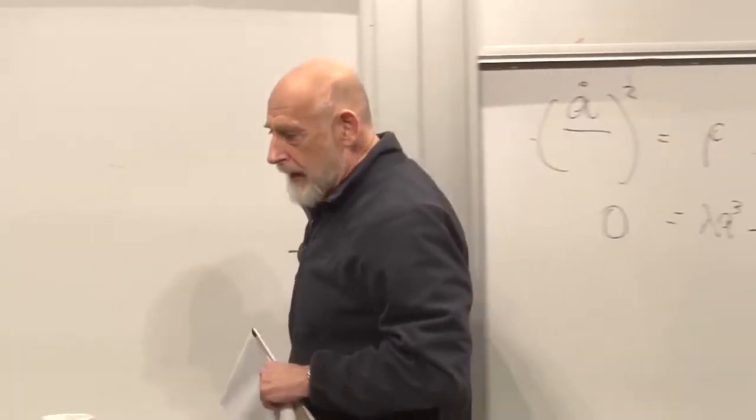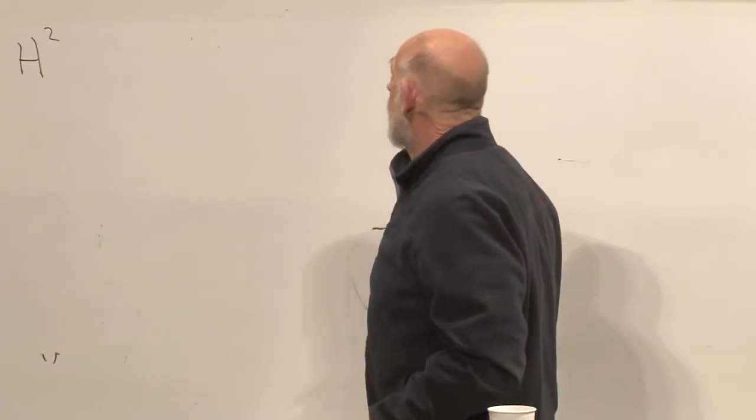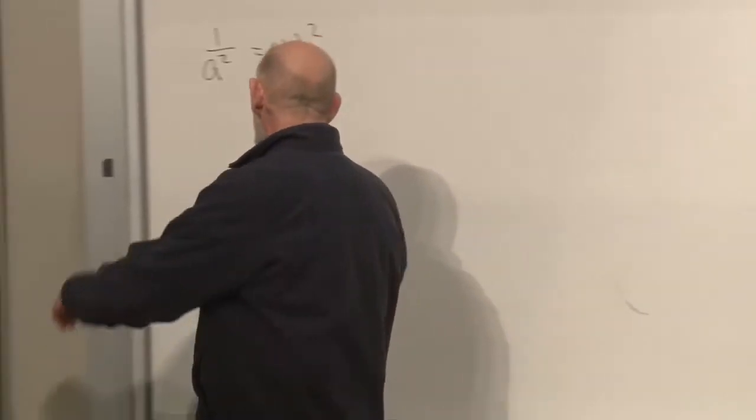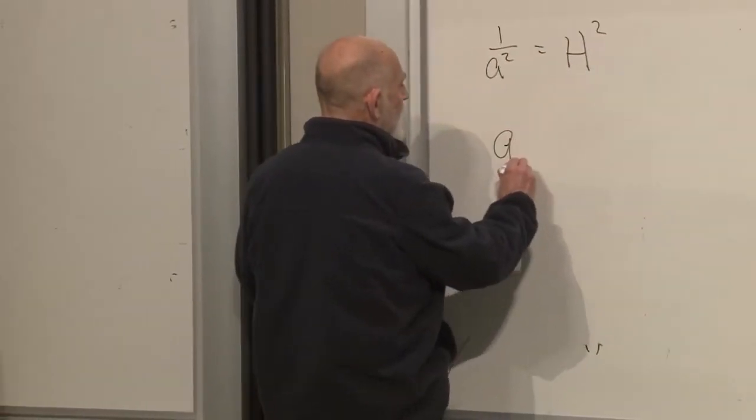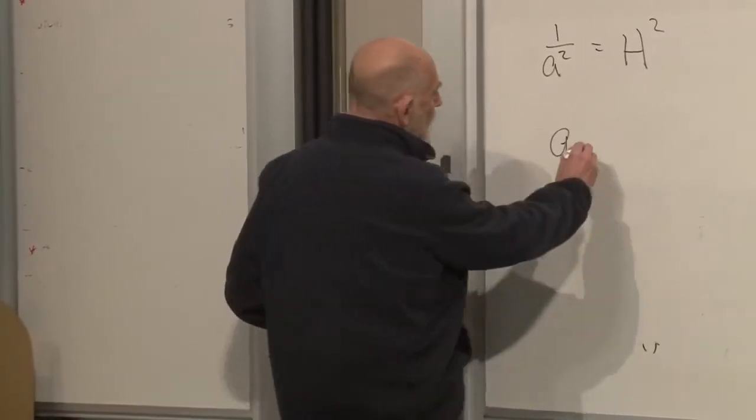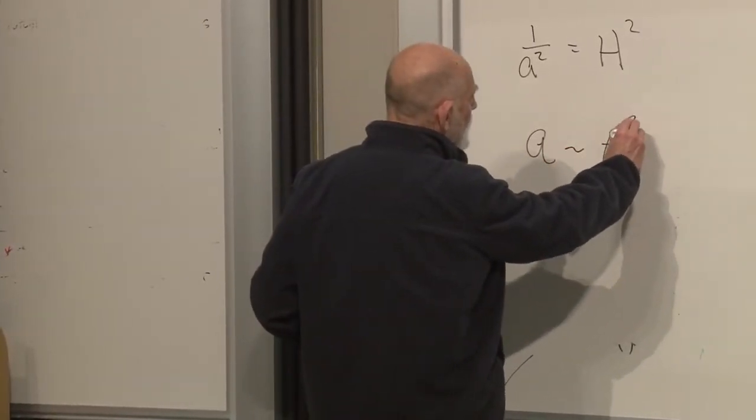Let's go back to the matter-dominated universe, which after all, this is what we have here, and write down the equation for A. If you remember, A in the matter-dominated universe goes like T to the 2/3.